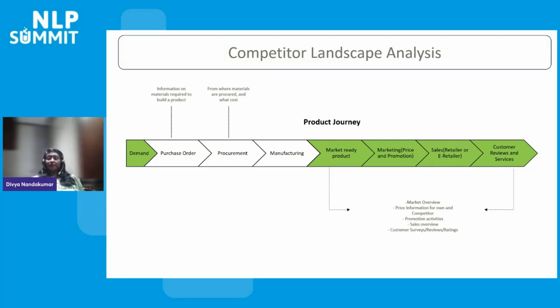Here, the procurement team's main goal would be to procure the raw materials at the best price. So, with the competitor analysis, a question to be answered is what is the supplier base of my competitor, and can I get acquainted with more suppliers to get a competitive price at the best quality?